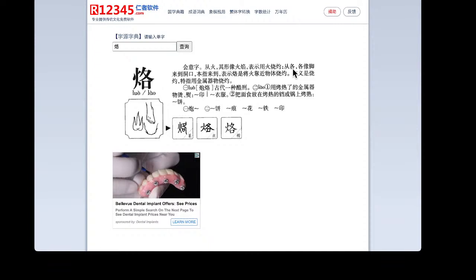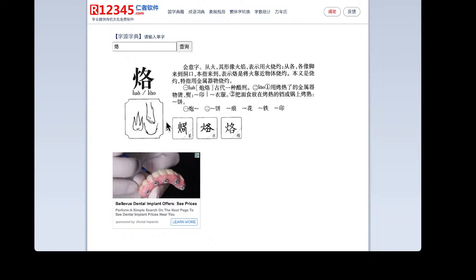Ge, the old character, actually looks like a foot stepping close.